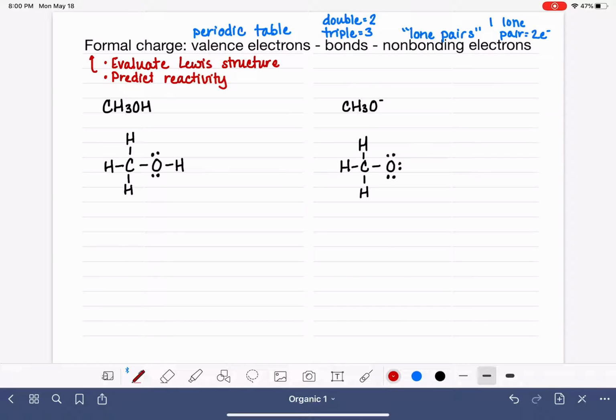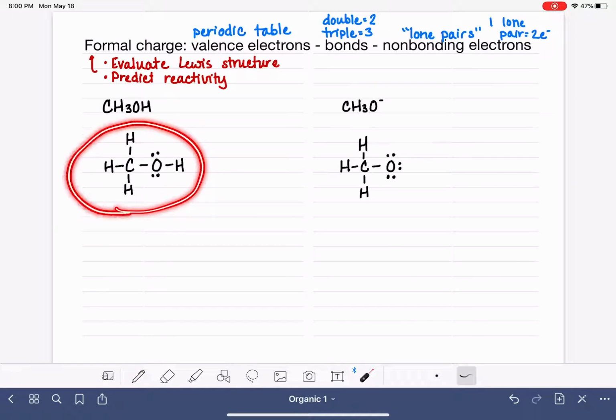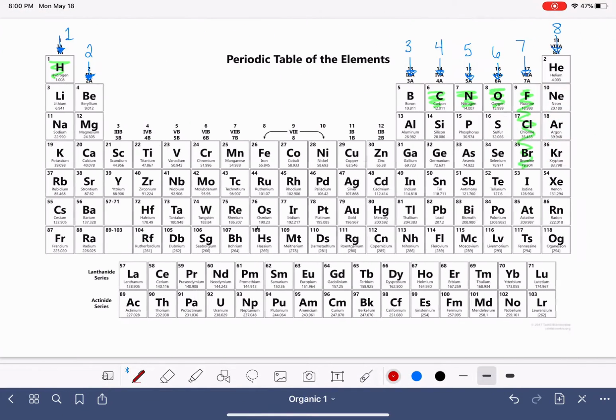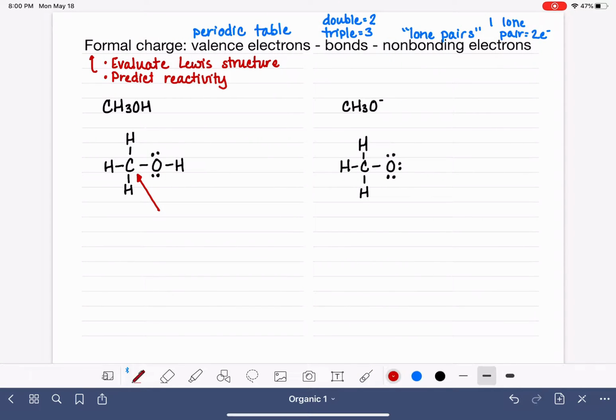And let's go back to the CH3OH, and let's begin by calculating the formal charge of carbon. I just chose carbon first. So we have to find the number of valence electrons for carbon. Let's go to our periodic table. We find where carbon is located and what column it's in. That tells us how many valence electrons it has.